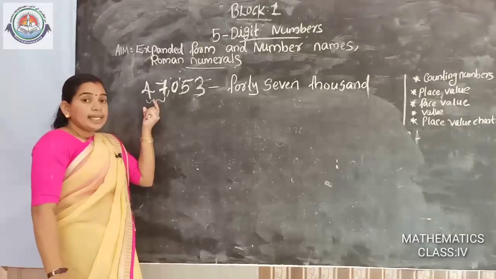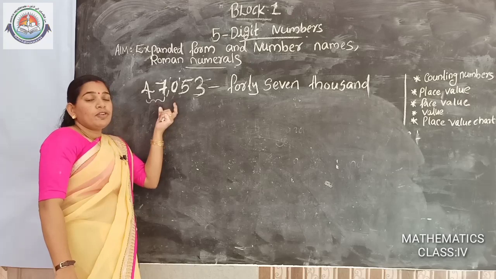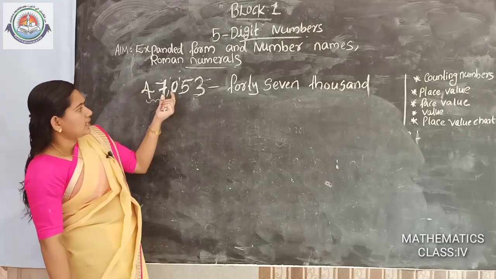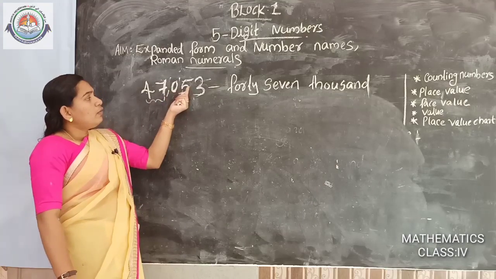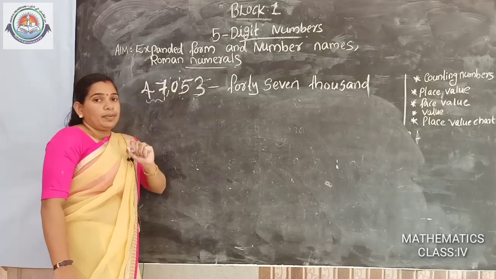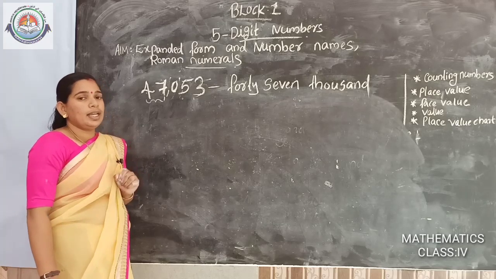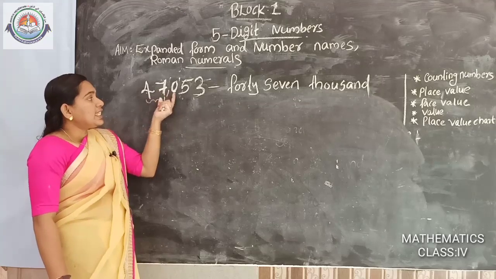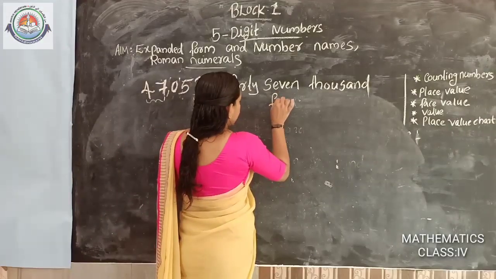Next, 0 in the hundreds place, 0 only. Then 5 in the tens place, so we write 50. Then 3 in the ones place, so 53. So we can read 47,053.